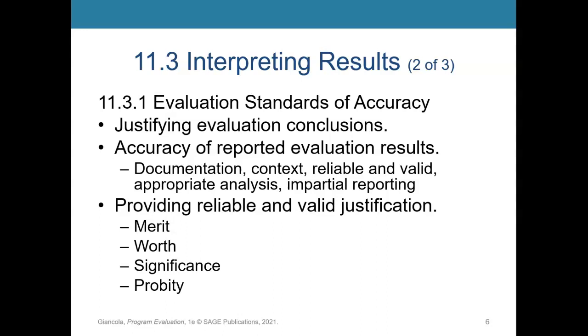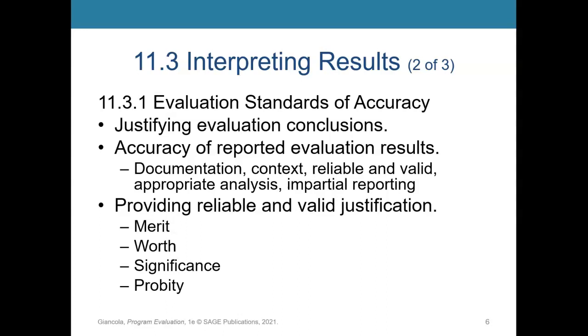Anything that you put in your results that you believe to be a conclusion of your study, you want to be sure that that conclusion is justified, and not just justified in your mind, but justified explicitly in your written report and your results, so that any stakeholders who are viewing your reports can make determinations about the accuracy of your interpretation of what's going on.